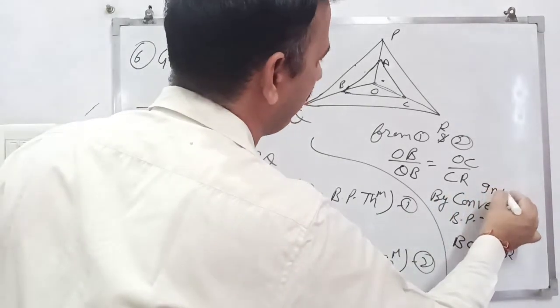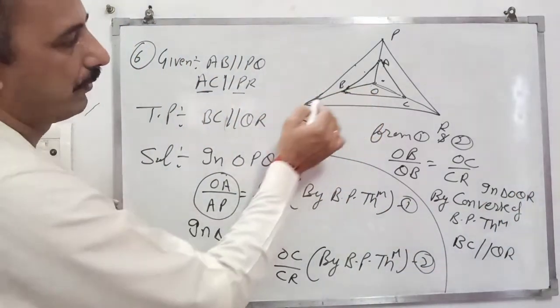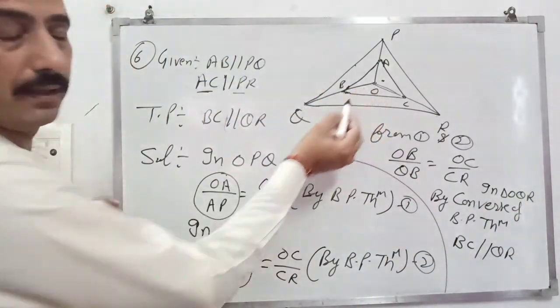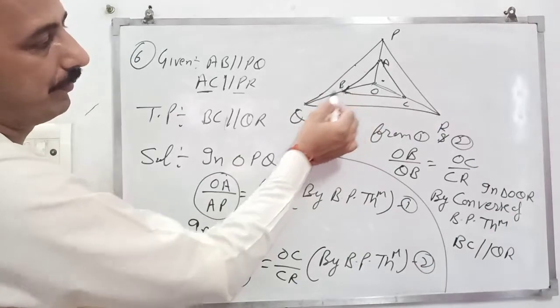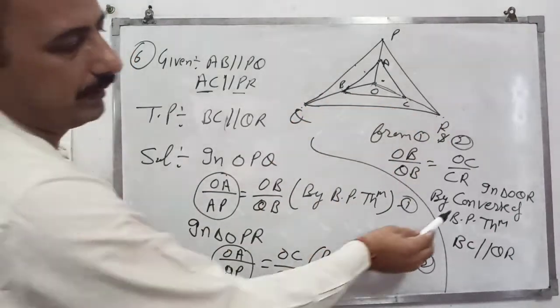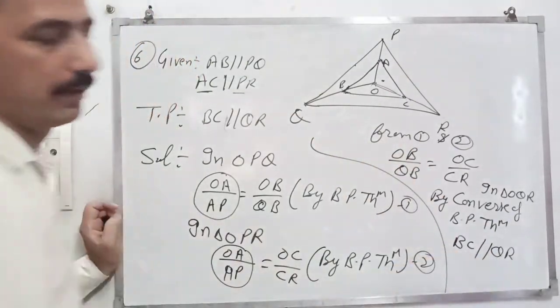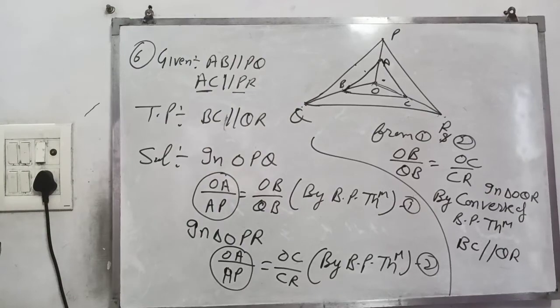We can use that triangle OQR. In triangle OQR, the ratio of their sides OB upon BQ and OC upon CR is equal. So by the converse of BPT theorem, BC is parallel to QR.